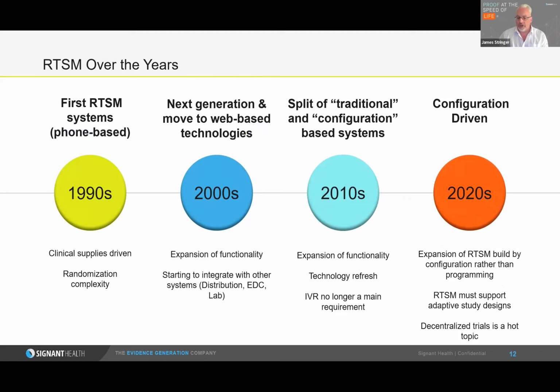We were using those systems to enable better supplies, but also as the needs of studies started to evolve and the complexity of the needs of randomization became more apparent as different study designs started to get introduced, we needed that computer-based ability.